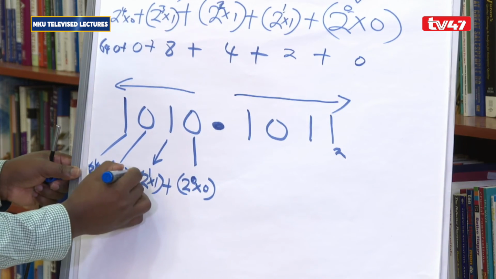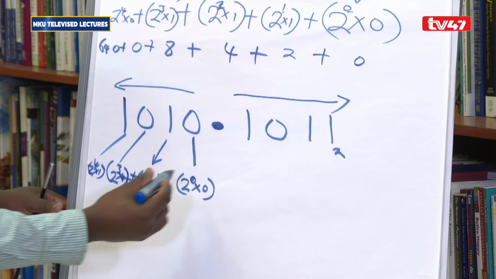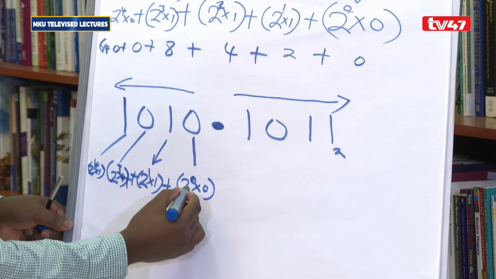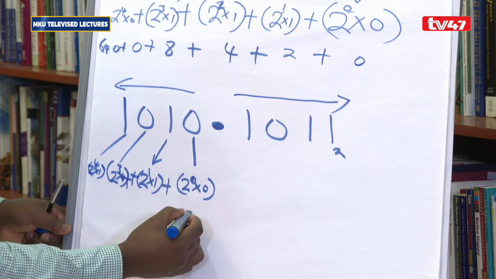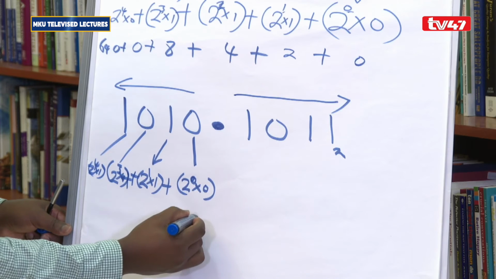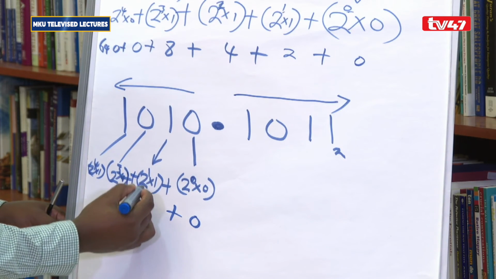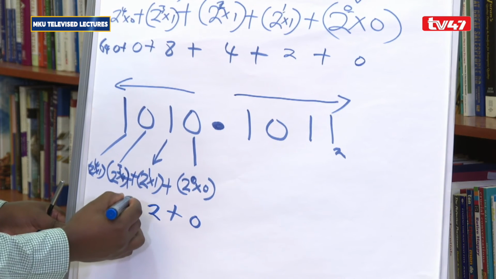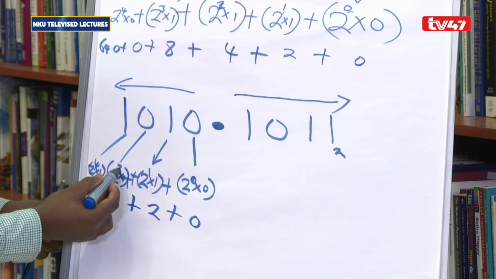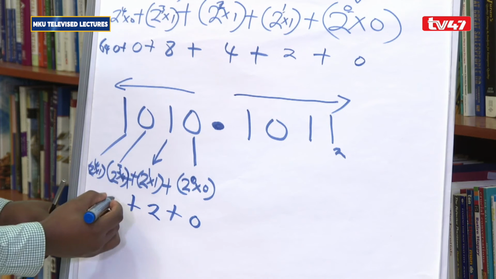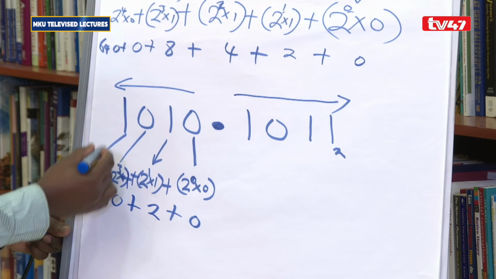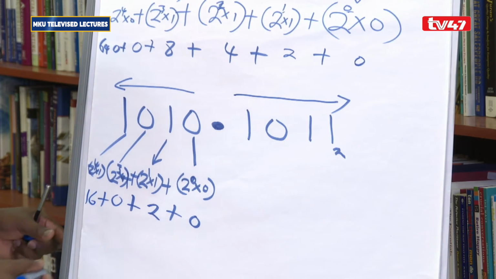Then you add the values together. So 2 to the power 0 is 1 times 0, which is 0. 2 to the power 1 is 2, so 2 times 1 is 2, plus 2 to the power 2 is 4 times 0, which is 0, plus 2 to the power 3 is 8 times 1, which is 8.